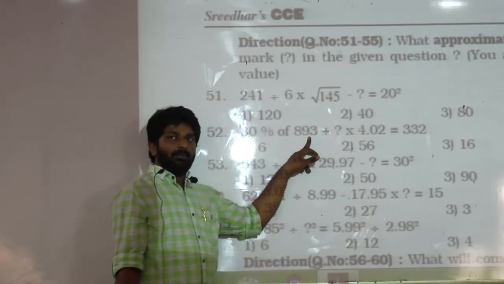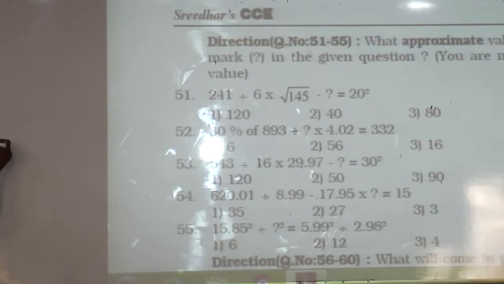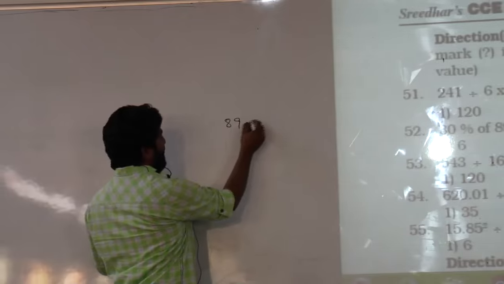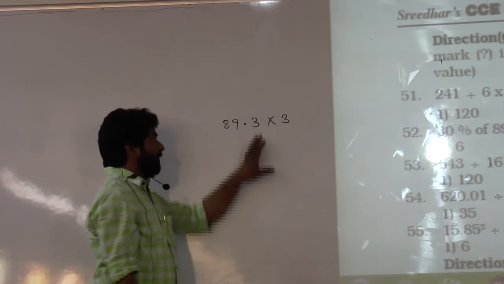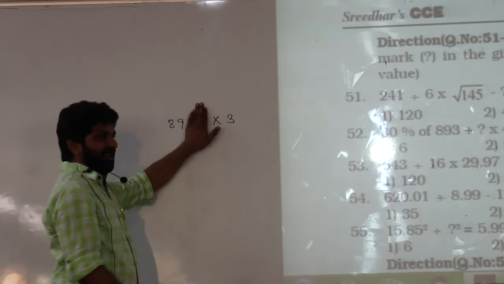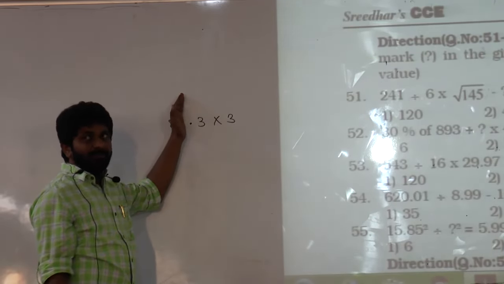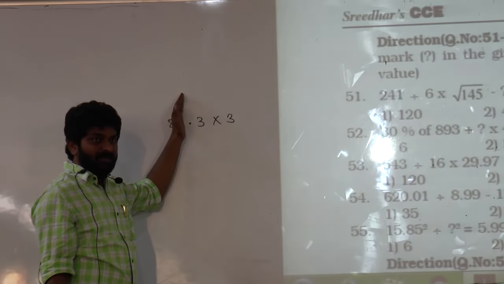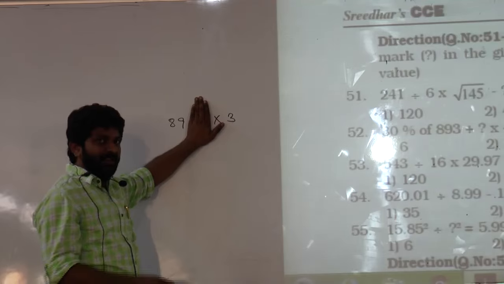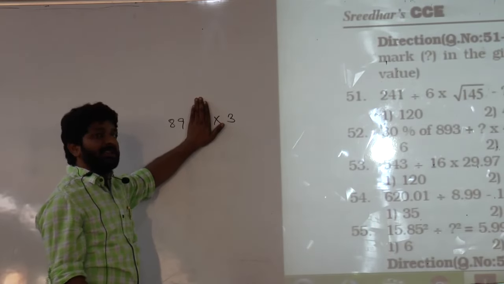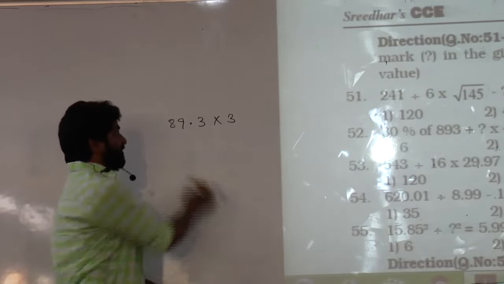30% of this number. What about 10%? 89.3. 30% in the sense 89.3 into 3 only, right? Yes or no? For the time being, keep 0.3 aside. 0.3 into 3, that becomes 1. Yes. 89, 3 times: 93 times, minus 3. 93 times 270, minus 3, 267 plus 1, 268.